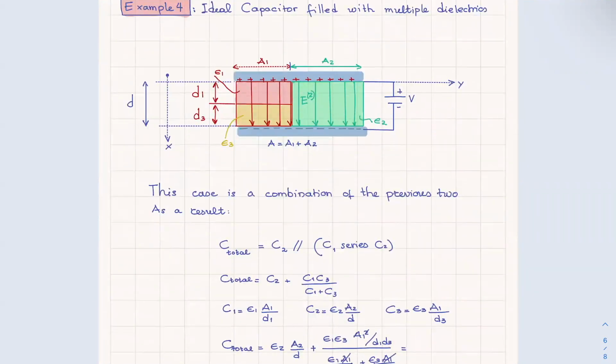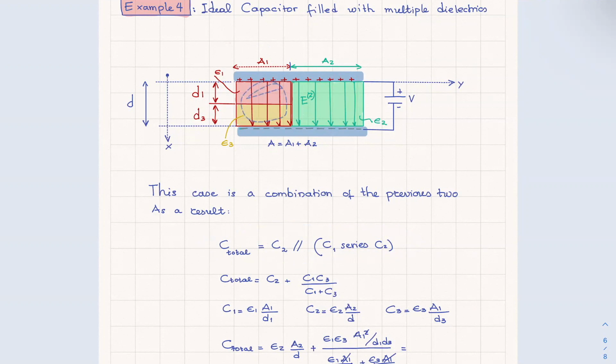From the most recent of the two examples, we will assume that this is one capacitor and this is another. This capacitor here has area A1, and this capacitor here, we know, will be in parallel. Therefore, I'm writing here.